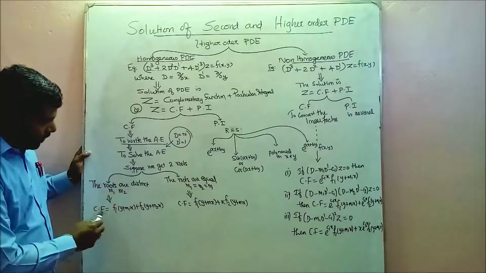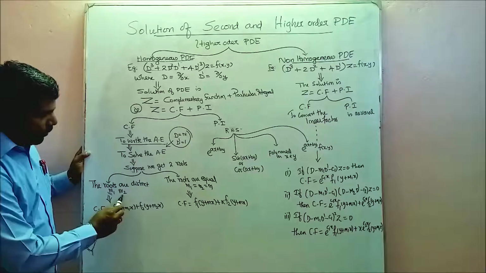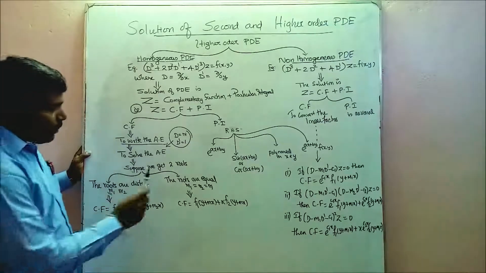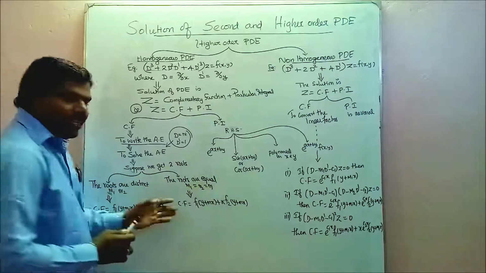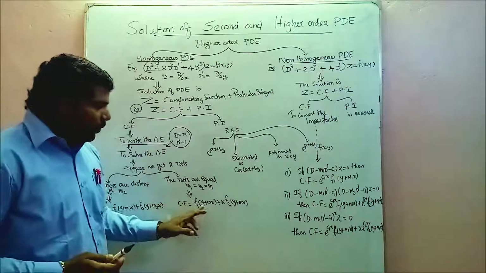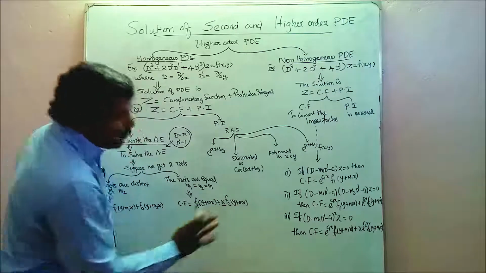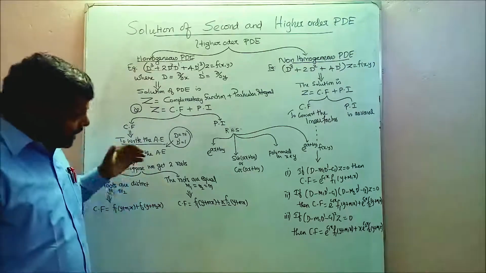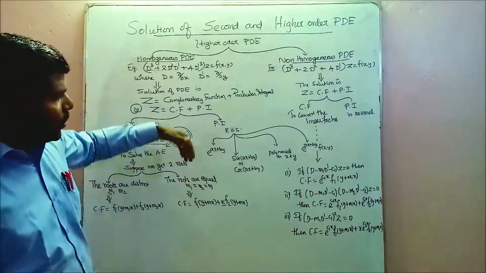Then the complementary function is f1 of y plus m1x plus f2 of y plus m2x. Suppose the roots are equal, m1 equal to m2 equal to m, then the complementary function is f1 of y plus mx plus x into f2 of y plus mx. Similarly, we can find the complementary function for the various roots.